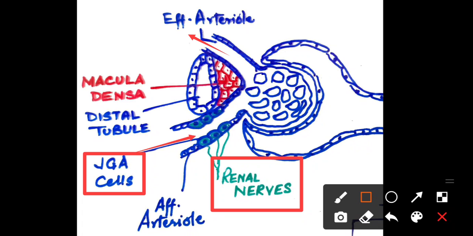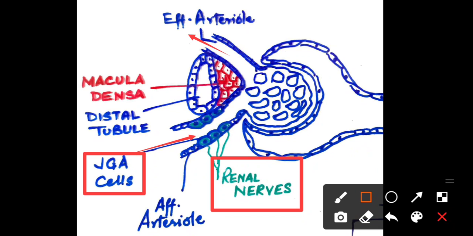And what will happen is that the second part of the JGA, the secretory cells, will secrete a particular compound called renin. So in response to the low sodium levels and decreased pressure, what will be released by JGA cells?